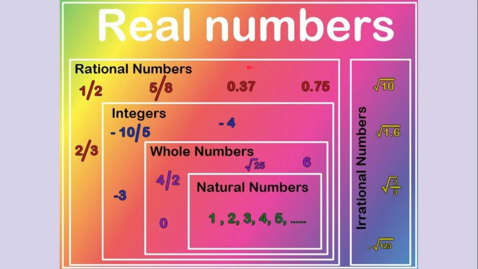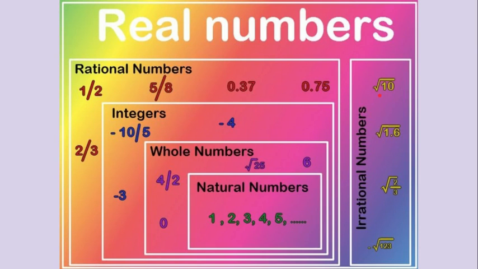Now this is a decimal, 0.37, but this is 37 hundredths. That's how you would read that. 37 over 100 would be the fraction version. This is 0.75, but if I would read that decimal correctly, it's 75 hundredths, which means I can write it as 75 over 100. So the easiest way to remember what a rational number is: any number that can be written as a fraction.